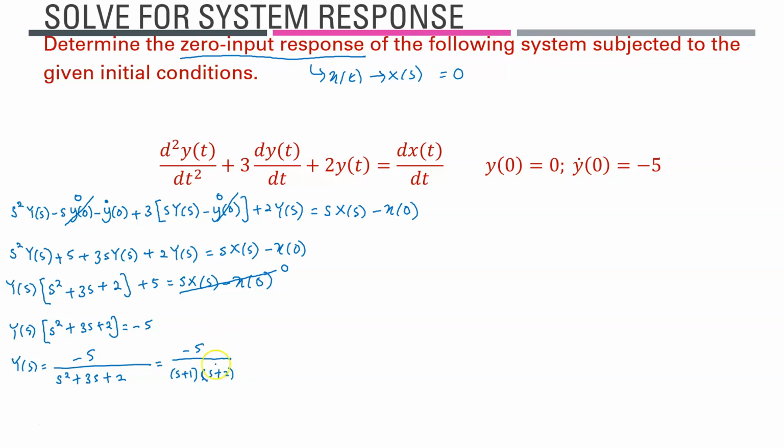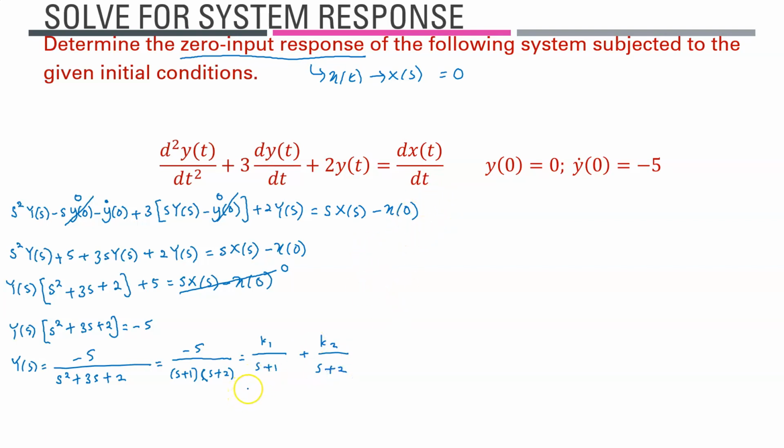So you have real and distinct roots. So you will have k1 over s plus 1 plus k2 over s plus 2.